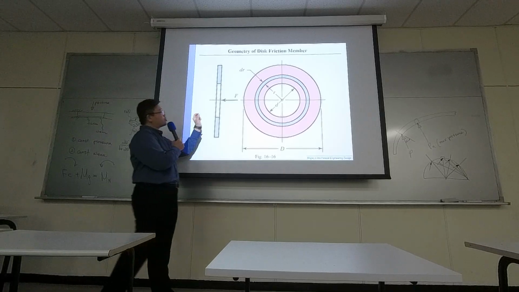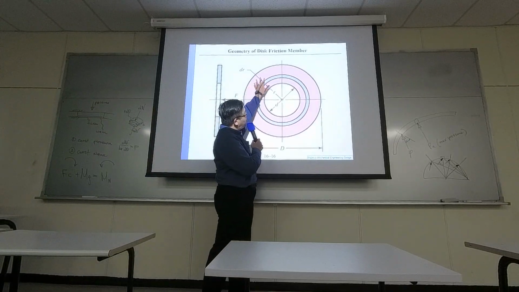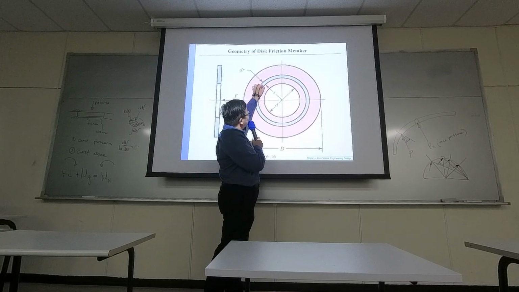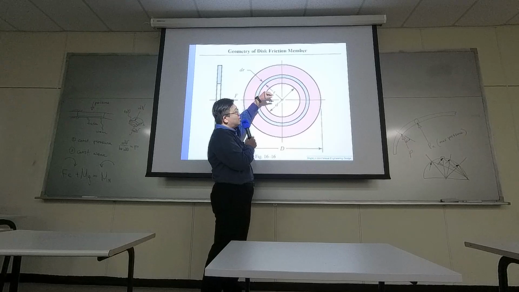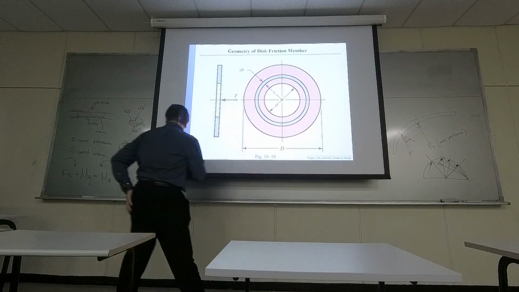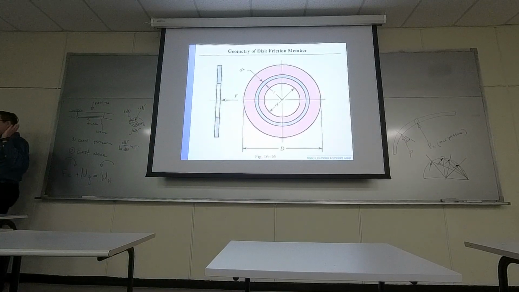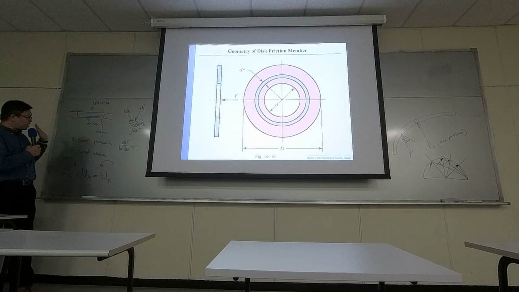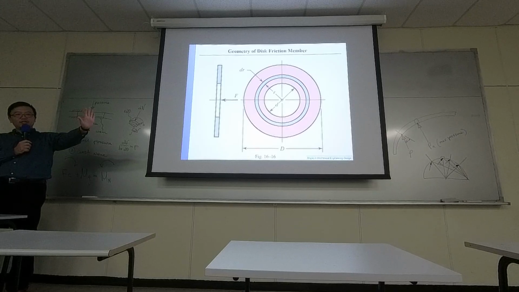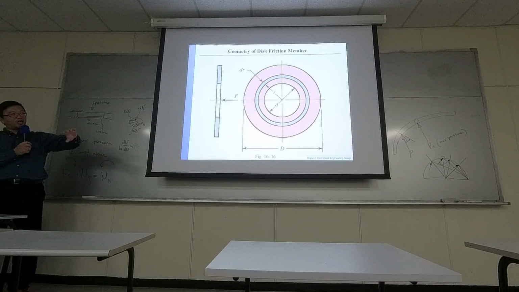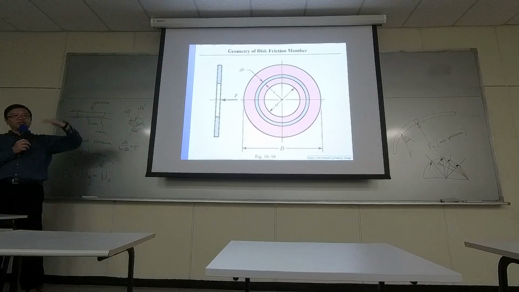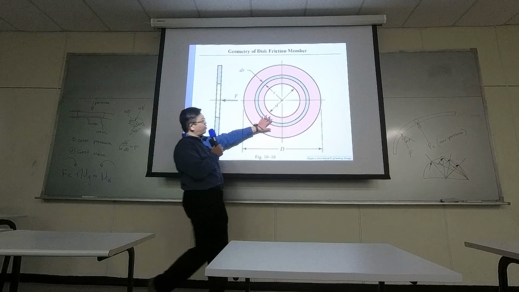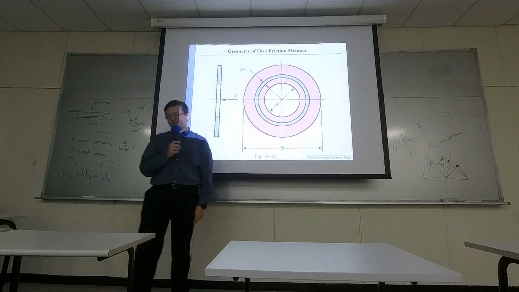So what's going to happen is the torque that's generated along the entire surface is different, depending on which radius you're talking about. Even if you apply the same force and same pressure, the torque generated along this ring is different, depending on the radius. So the wear along the entire surface is different.